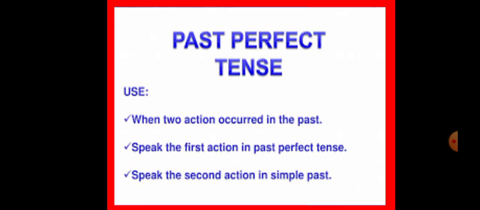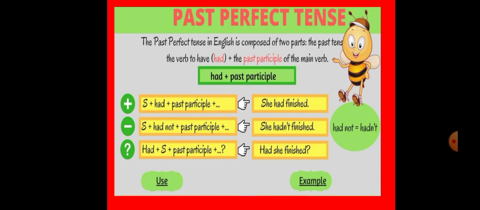Let us see the usage of past perfect tense. When two actions occurred in the past, we have to speak the first action in the past perfect tense. Then we have to speak the second action in the simple past tense. When the sentence is positive, we should use subject plus had plus past participle.